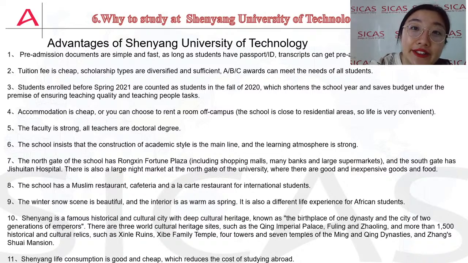So it's really essential that your campus is near the shopping area, where you can take your mind off study when you need a break and just immerse yourself in the fun of the market and the plaza. Also importantly, the school has a Muslim restaurant, cafeteria, and a la carte restaurant for international students.